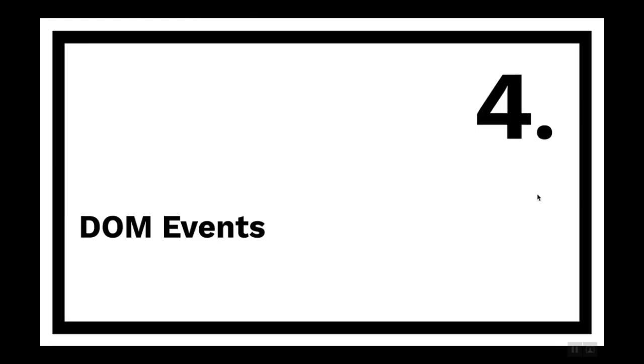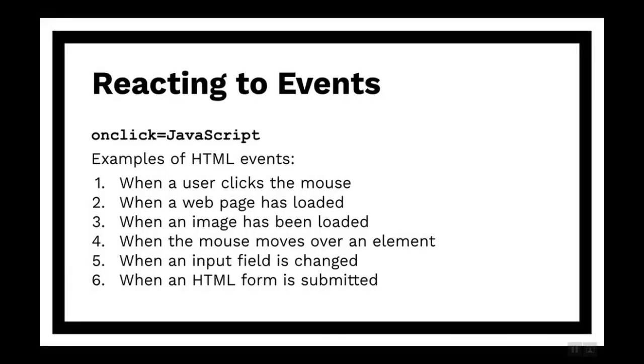Similar to the properties and the attributes on the elements, we can also have access to the events that these elements are attached to, and based on the trigger of these events, we can make changes to the index.html file. So let's look at a few of these events. Here are a few examples.